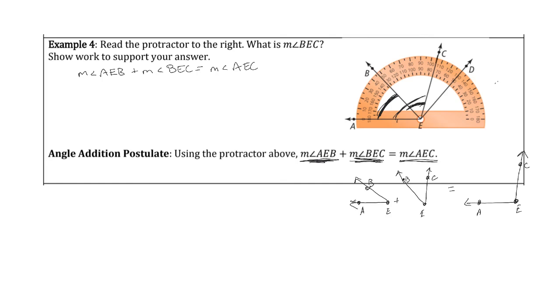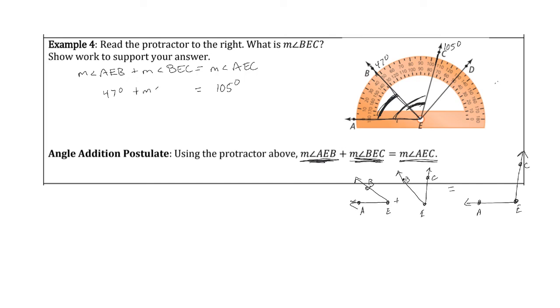It hits right here, so that should be 105 degrees. So we know this is 105 degrees. We should be able to also find AEB, this one right here, because it cuts off at 47 degrees. So AEB is 47 degrees.